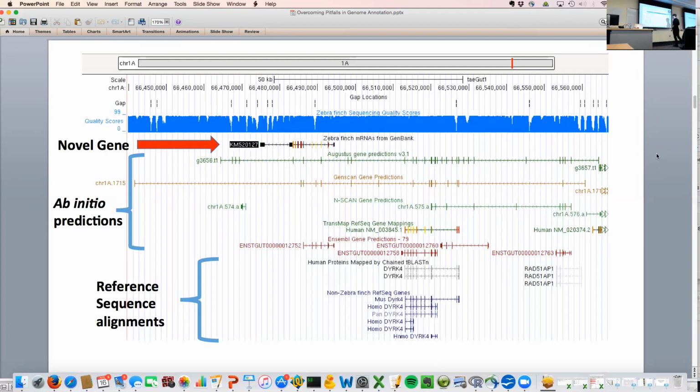These up here are ab initio gene predictors, where they were fed some sequence, or they were looking for open reading frames, and they were trying to guess where the genes were. As you can see, some are merging multiple genes together, making these kind of read-through sequences. There are others predicting genes that may be real, they may not be real. Without expression data, you have no idea.